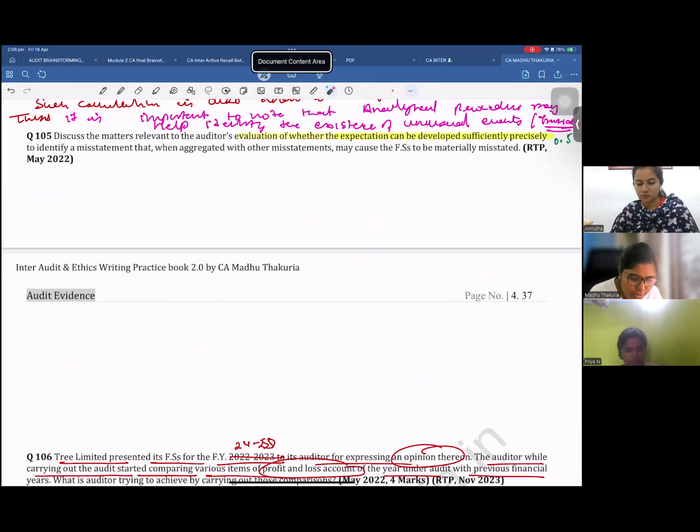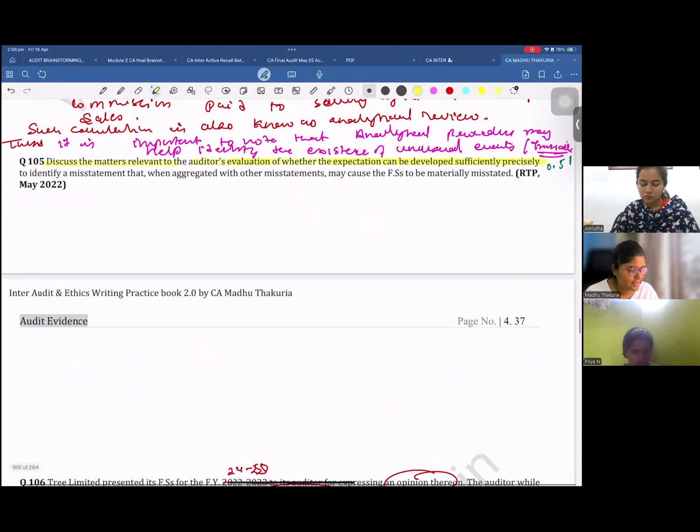Now here comes the layered question: discuss the matters relevant to the auditor's evaluation of whether the expectation is sufficiently precise.